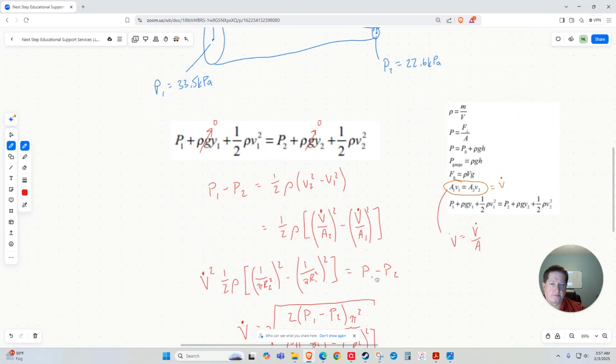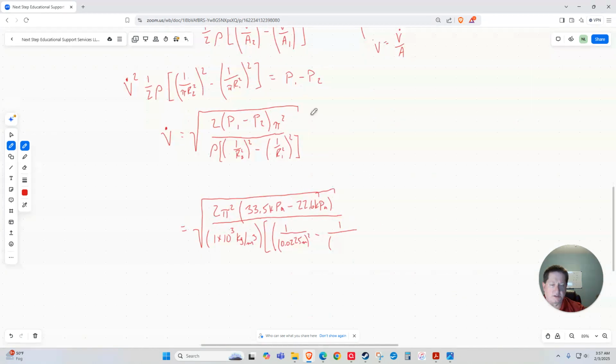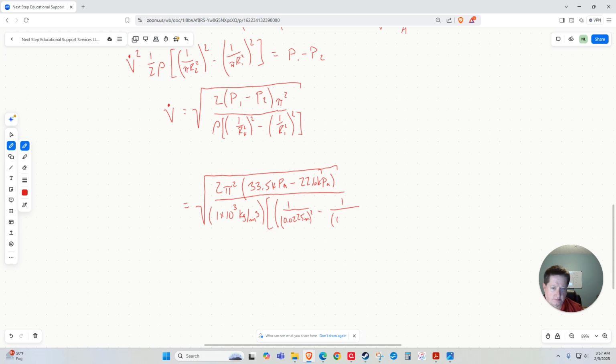The other radius was 0.03 meters. Again, we're going to square that. We square both of these quantities afterward. Extend out our square root here. That is a hot mess. How I enter this in my calculator is a bit convoluted because I have a dinosaur for a calculator. We're going to go ahead and do that.